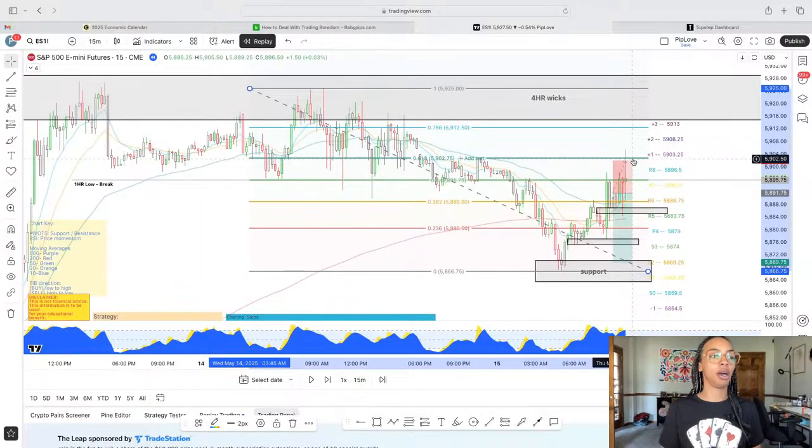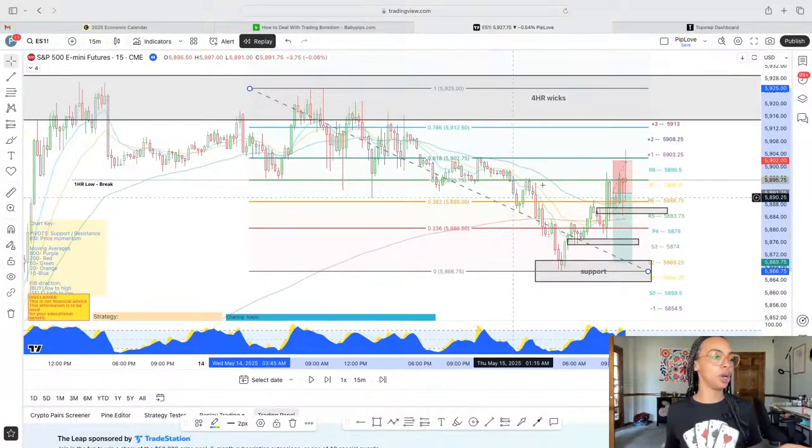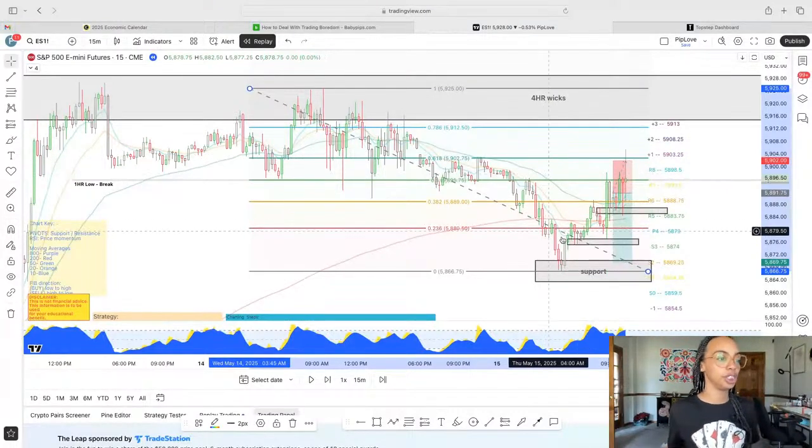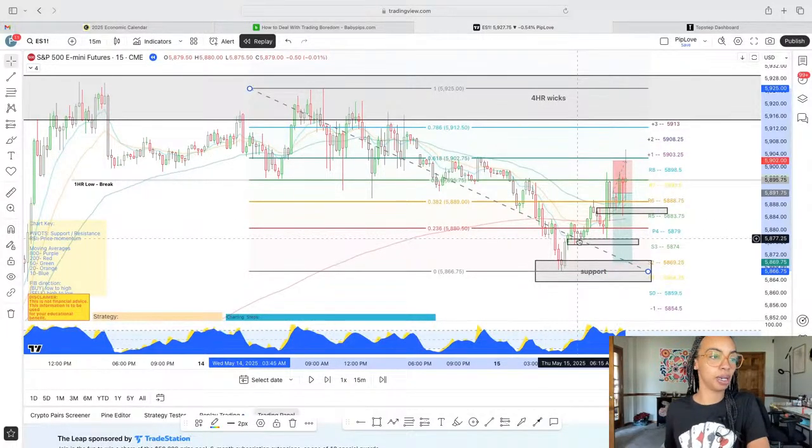It's also at the R8. So still, if I was in this trade, I'm still thinking, okay, still looking for a sell. It's at this area. Price is making lower lows and lower highs. We had a little bit of retracement. Price just came up to this 61.8 level, but it was just a wick. We didn't have a candle break above.